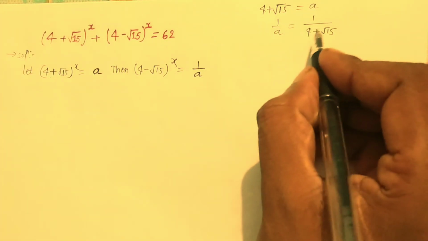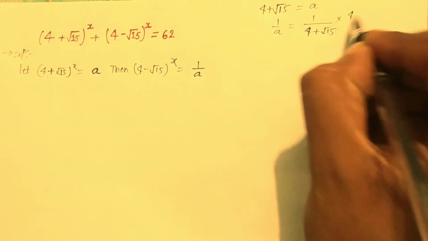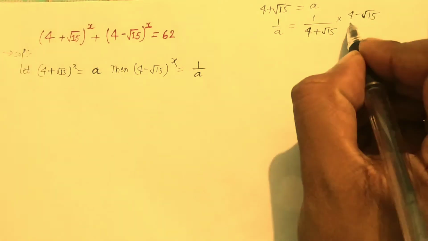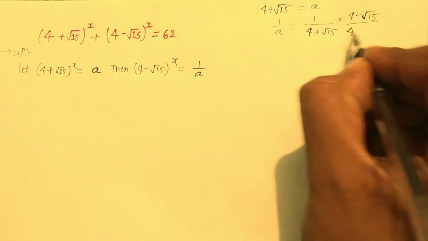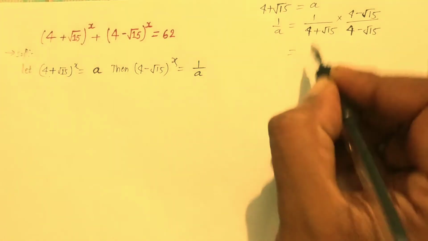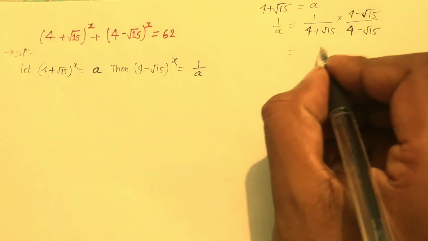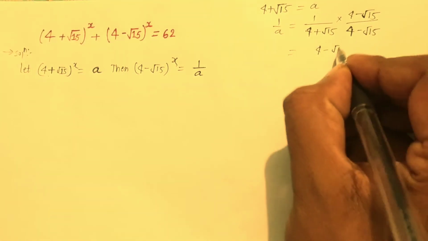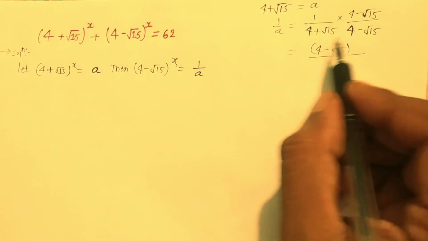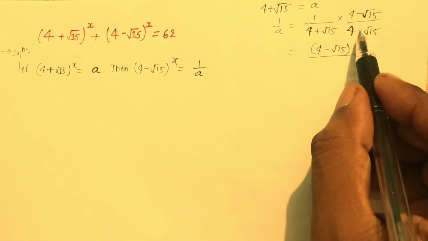Now if we rationalize the denominator, we can multiply both numerator and denominator by 4 minus root 15. In the numerator we have 4 minus root 15, and in the denominator, (4 plus root 15) times (4 minus root 15).